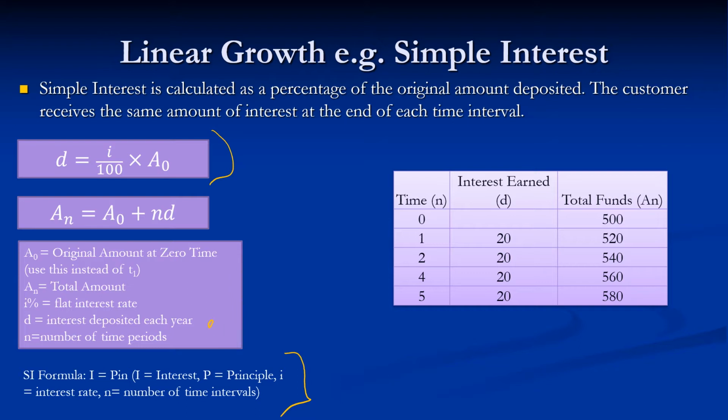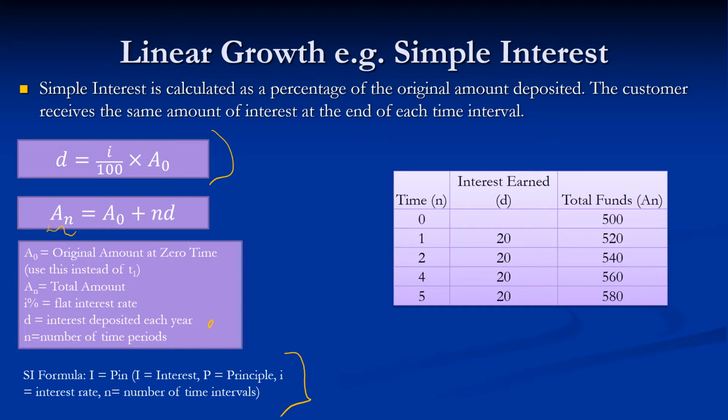Remember, interest is only earned after 1 year, so that's why I've put in a 0 instead of a 1, and I've put in A for an amount rather than a time or a term. Now, An is going to be the total amount, and n is going to be the number of time periods.